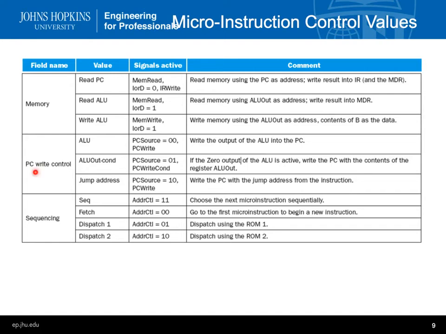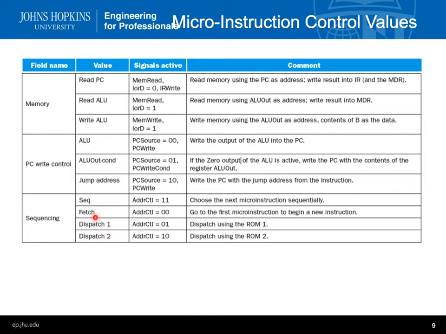Are we going to write a new value of a program counter? So we can write the output of the ALU, which would be adding 4 to the program counter. Is this a branch or is it a jump? And this is, where do we go next? And we'll go through that. Do we just go to the next state?